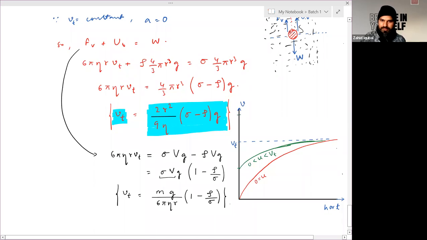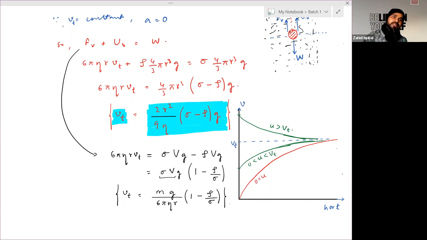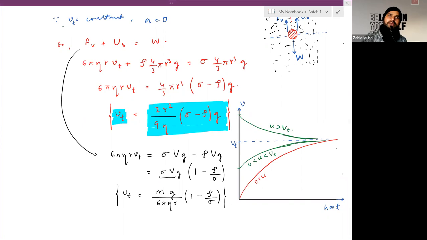If a body is projected at some higher velocity greater than its terminal velocity, it may acquire it after some time like this. So in this, the initial velocity is greater than the terminal velocity. So in all three cases, the object will tend to acquire terminal velocity after some time, whether it is projected at a smaller velocity or a larger velocity.